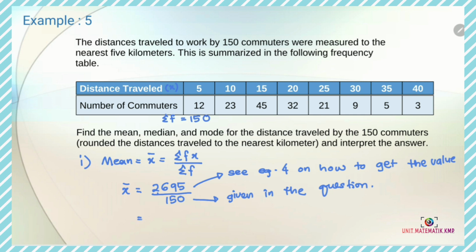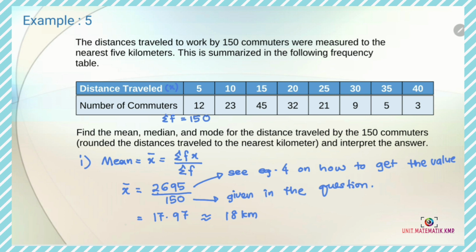So the answer we have here is 17.97 and we have to round the distance travelled to the nearest kilometer, then we get 18 kilometers.